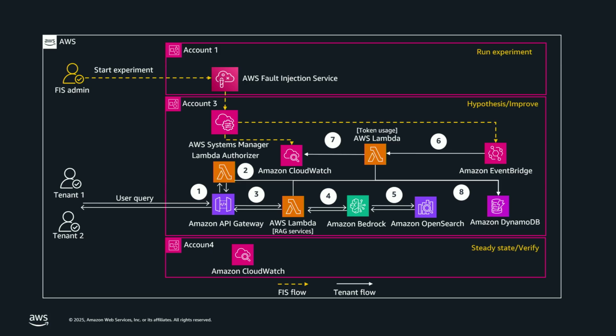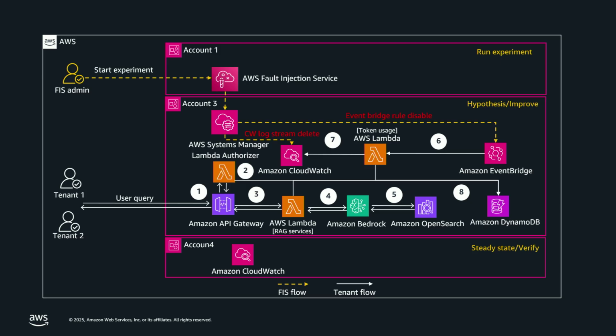On the top you see Amazon EventBridge, where every 1 minute the EventBridge rule invokes an AWS Lambda for token usage, and its only job is to analyze the CloudWatch logs and then update the DynamoDB table, which will be used by the Lambda authorizer. Now, what we want to do in terms of the hypothesis is to induce two kinds of faults.